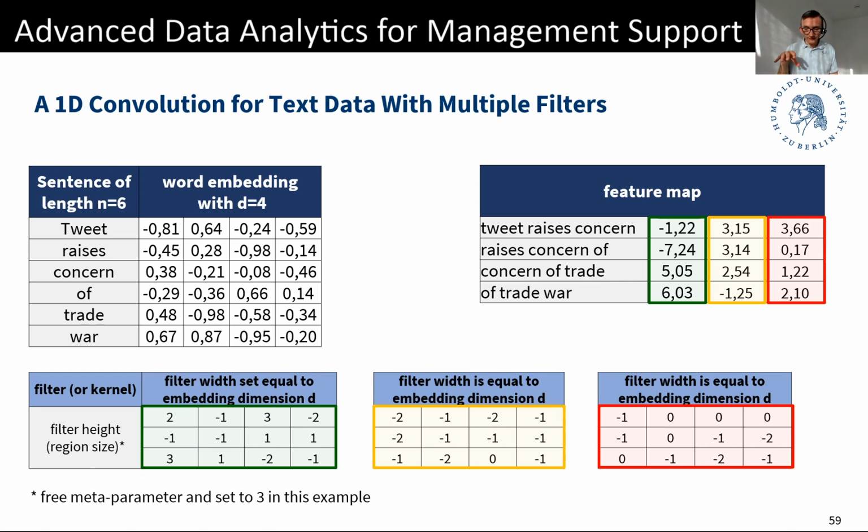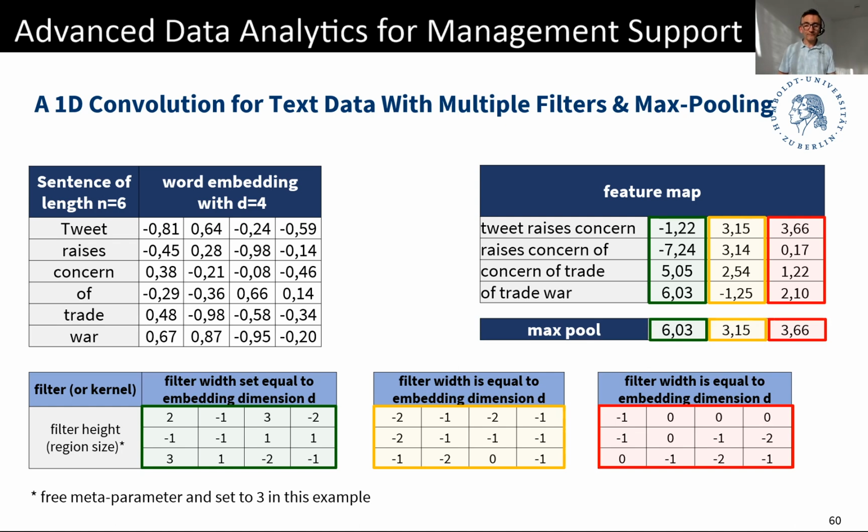And if we use filters of different sizes, we would not have this well-shaped feature map because the feature map would look different from the one of a filter with region size 3. But here we could make use of pooling. And this is what people do. If we have a pooling layer, then the pooling layer will just pull out a single value from the feature map and create the resulting vector. So for max pooling, I would just look at the largest number across an individual feature map.